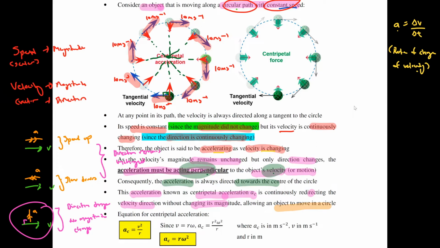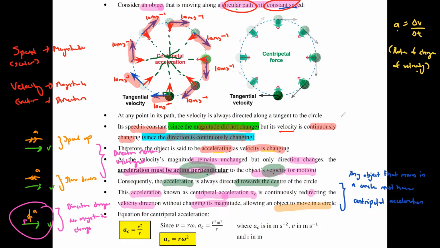So simply put, the key takeaway here is just this. Any object that moves in a circle must have centripetal acceleration.